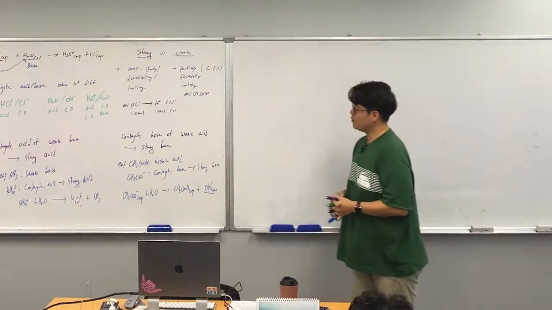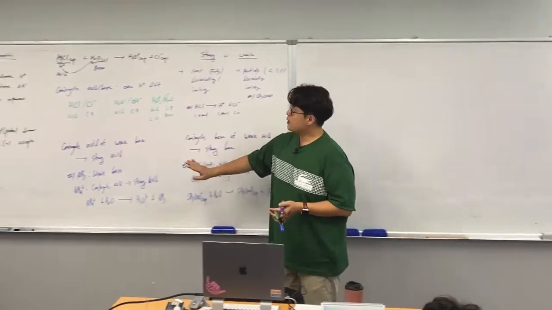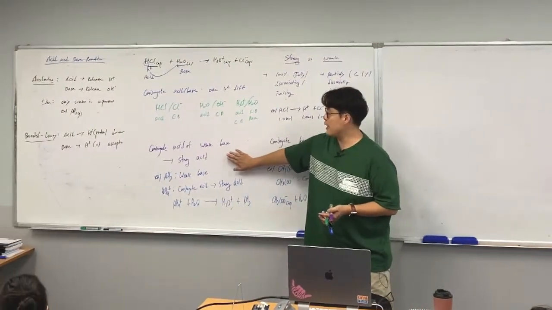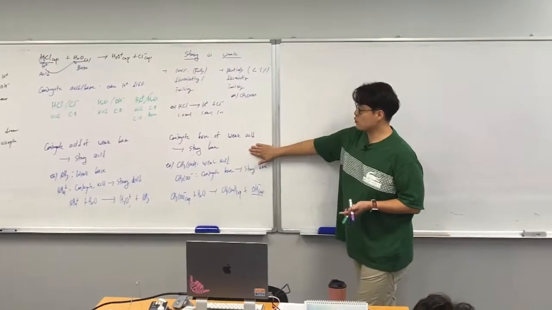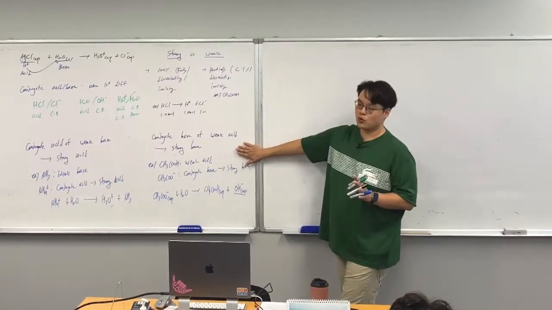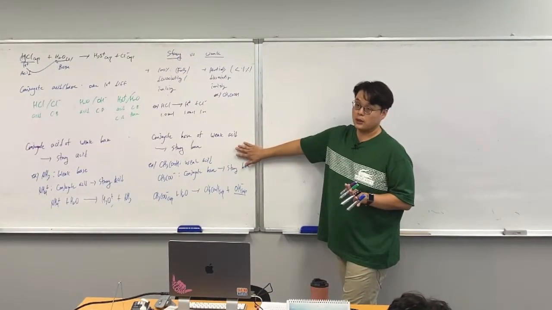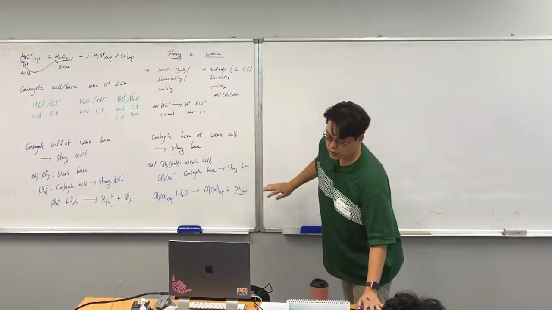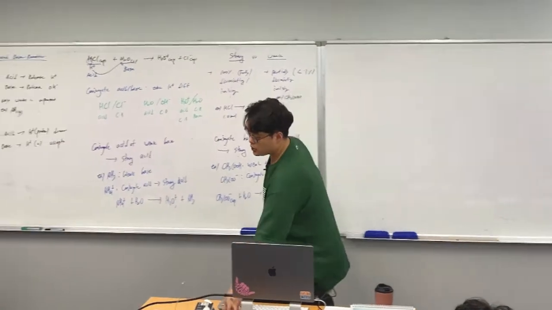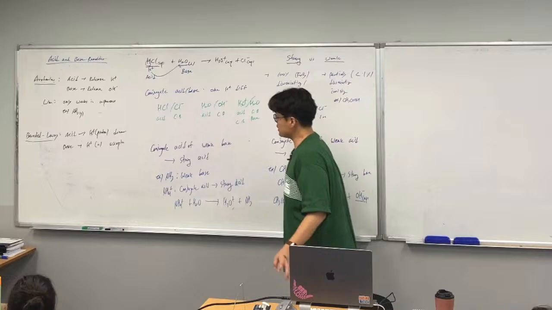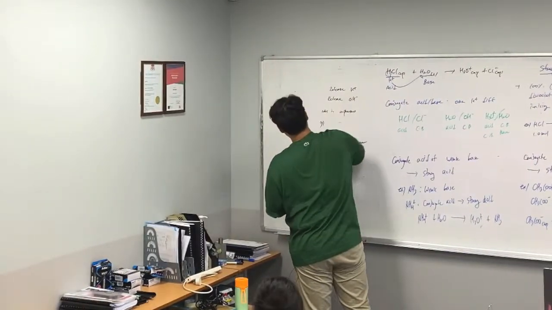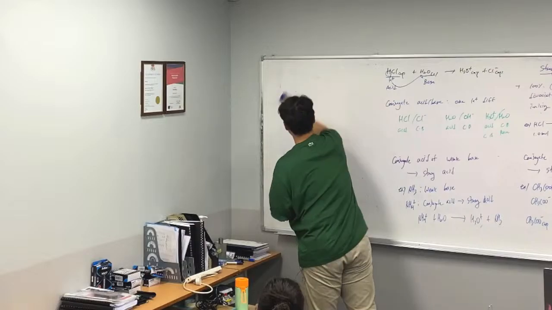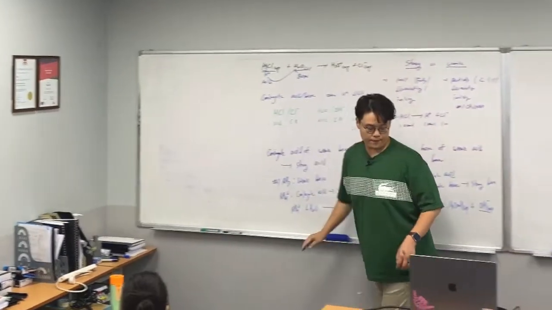For now, can you just memorize that the conjugate acid of the weak base works as a strong acid, and the conjugate base of the weak acid would be a strong base, like a formula that you can use. Why? Because we're going to use it to determine the pH curve, the titration curve that we learned last week. So let's start off from chapter 4, the volumetric analysis. Let's finish that up and then move on to the buffer today.